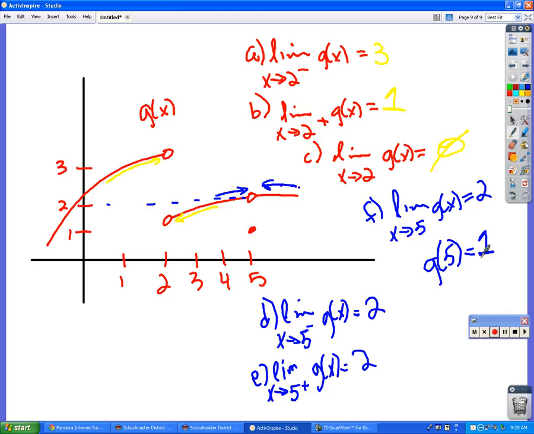So you can have a hole or a discontinuity, somebody used that fancy word, I think yesterday, in the graph right here, and you still have an overall limit for the function, but you can't have what's called a jump discontinuity there and still have the overall limit exist. Okay? Make sense? All right.